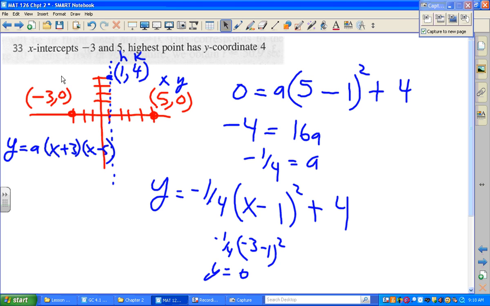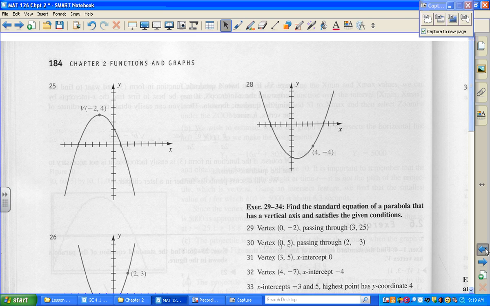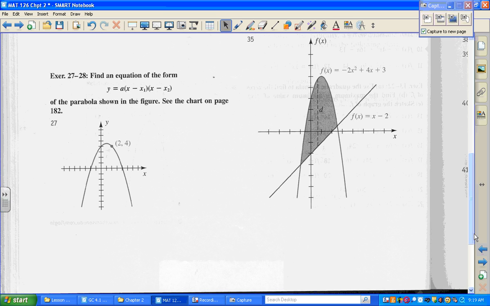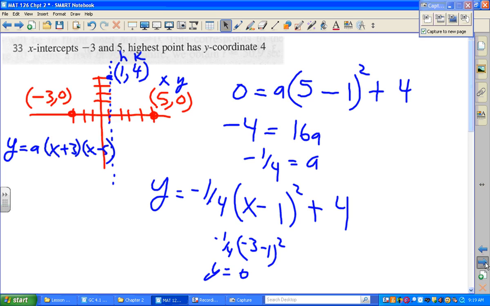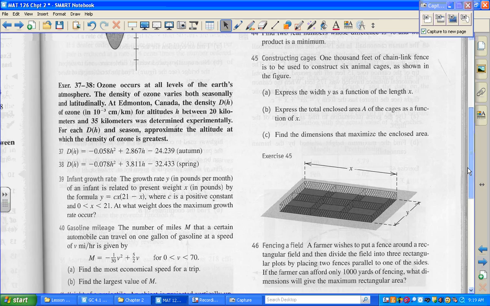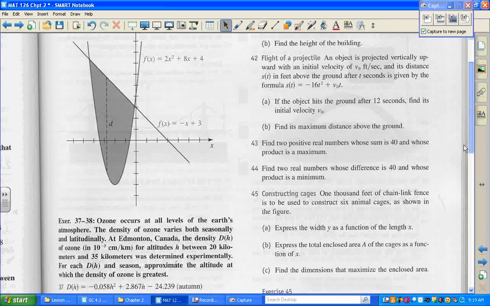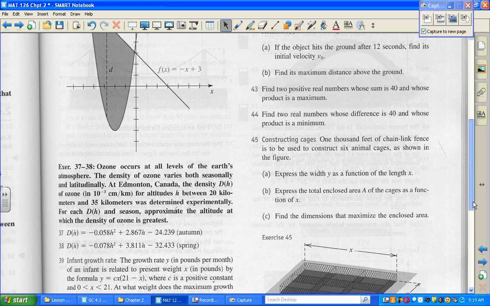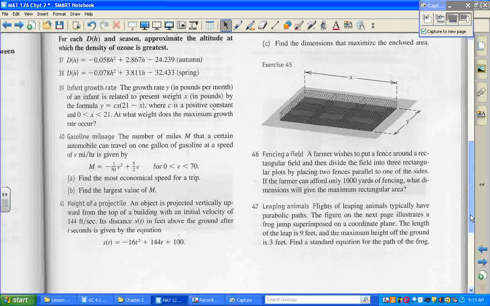Okay. Anything else, Devin? 39. Is it hard? All right. 39. Ooh, the flight of a projectile. That's the calculus question that I know, but that's on their test today. 39.